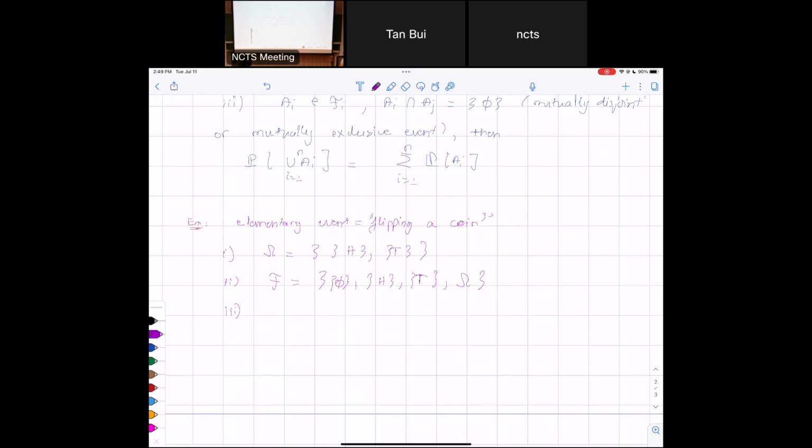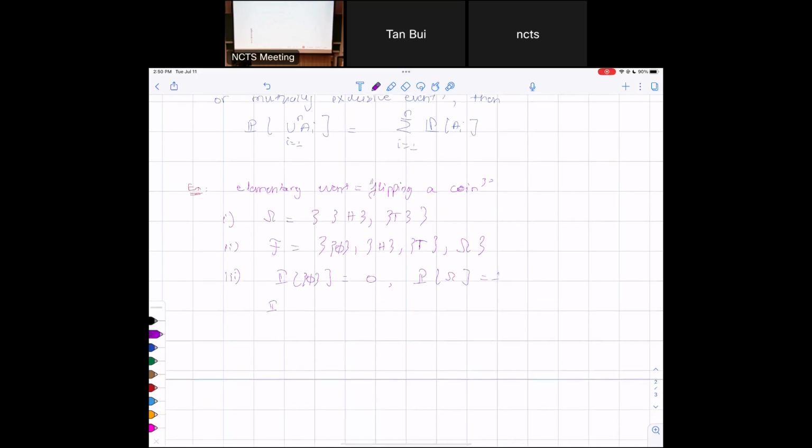And then third, we're going to assign probability, right? Of course, it's natural to assign P of the empty set as 0, like I said, and P of omega itself as 1. It's also natural to conventionally agree that the probability of head is half.